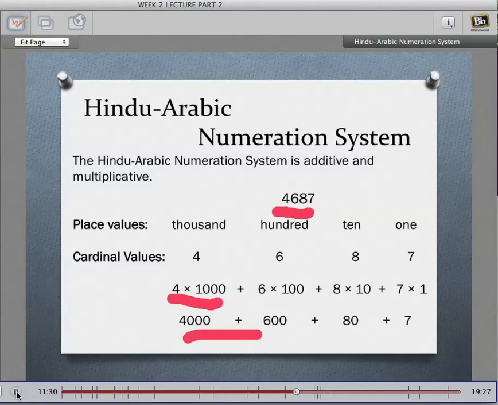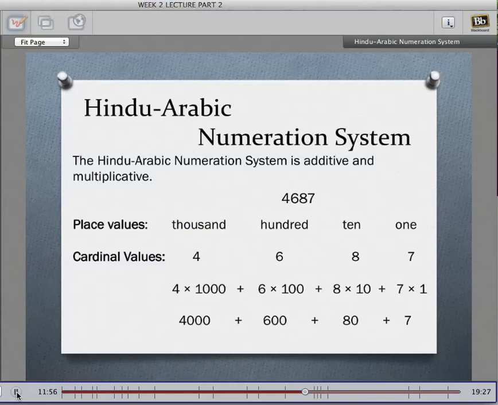So we have a place value, which is thousands, hundreds, tens, and ones, but instead of having a symbol for each of those, we just put a number in the right place, and that tells us how many of those places we have.